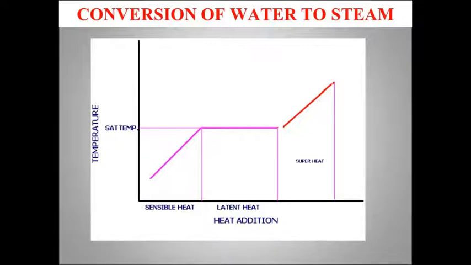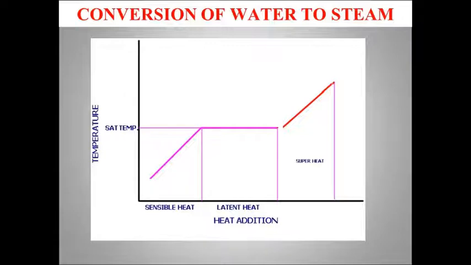Therefore, the heat addition in the water in the process of boiling has three distinct phases: sensible heat gain, latent heat addition, and superheat gain. Now, this is specific to a particular pressure.